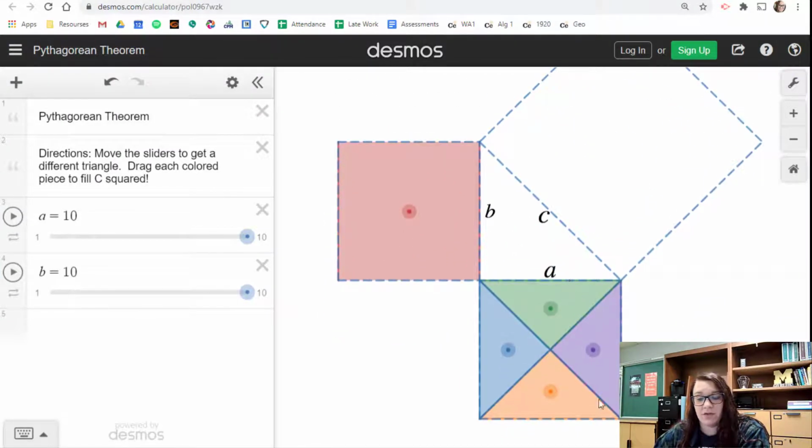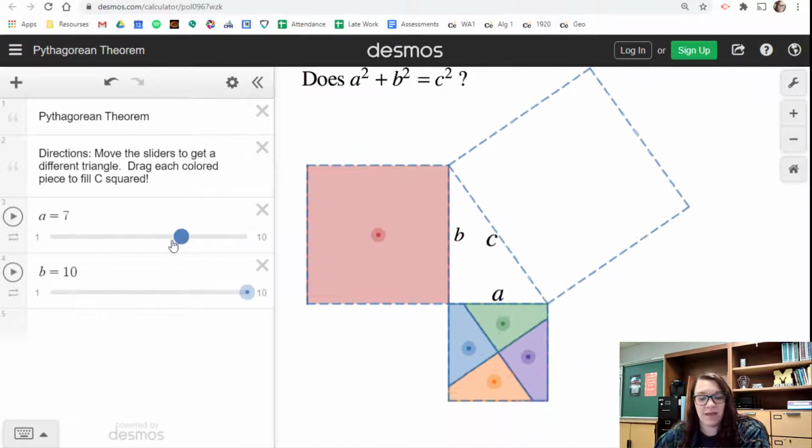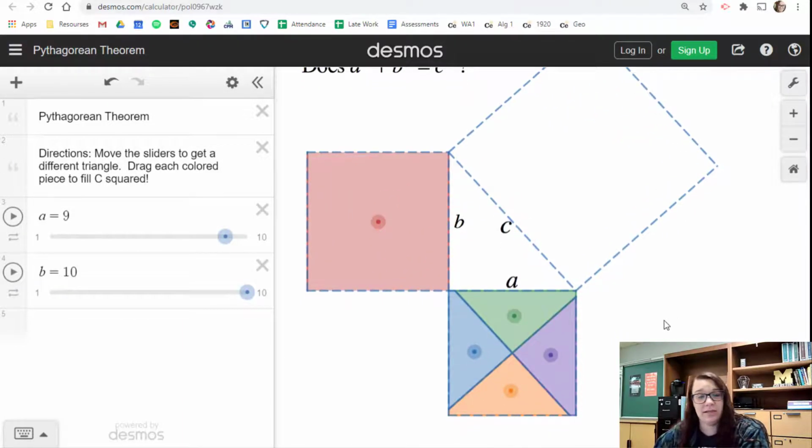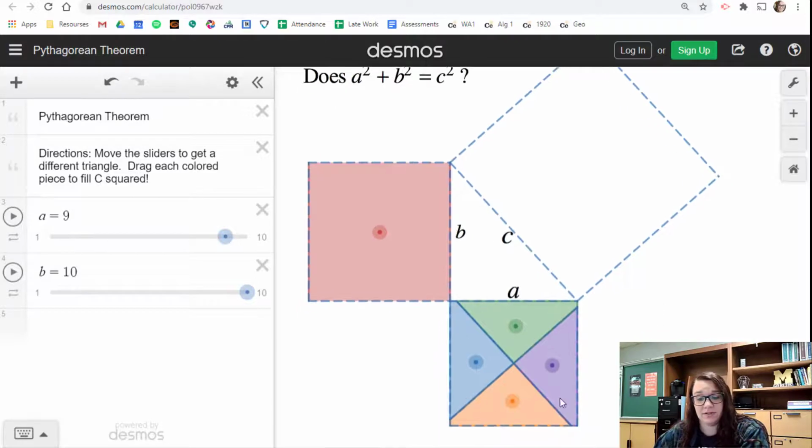So here is this picture, and notice how it's looking. I've got these triangles where they've got this length called a, and then this square that's got length b. And notice I can make a bigger or smaller, and b bigger or smaller. What it's trying to get you to recognize is that this square has side a by a.